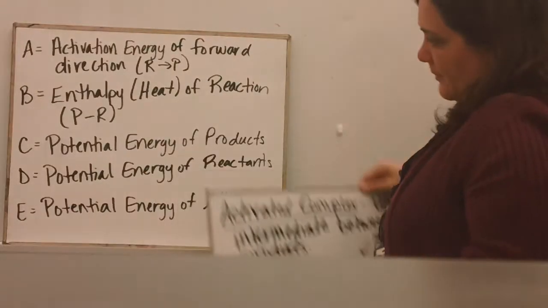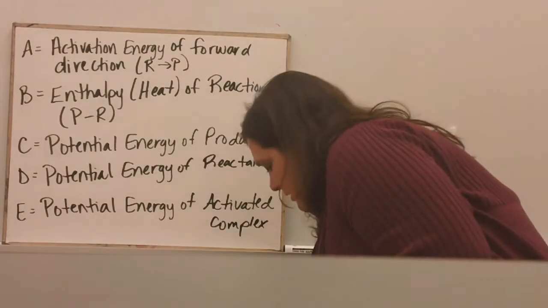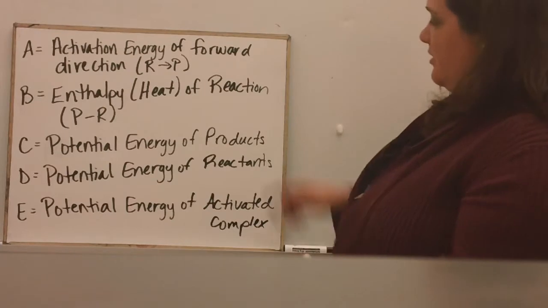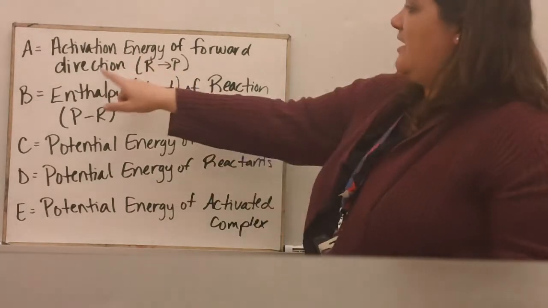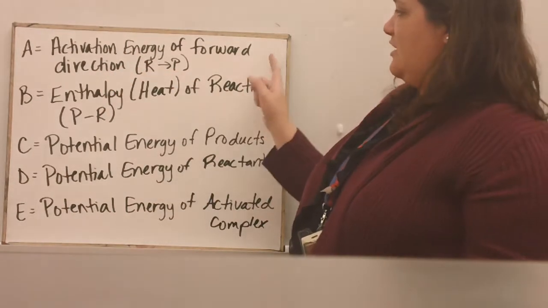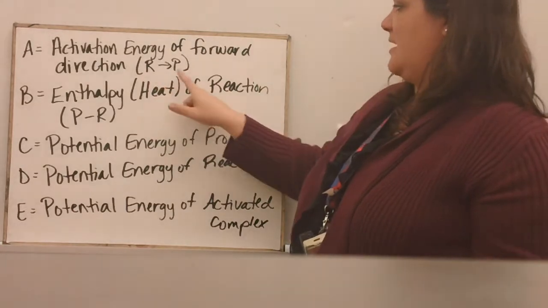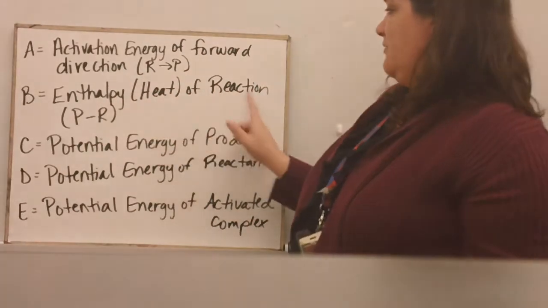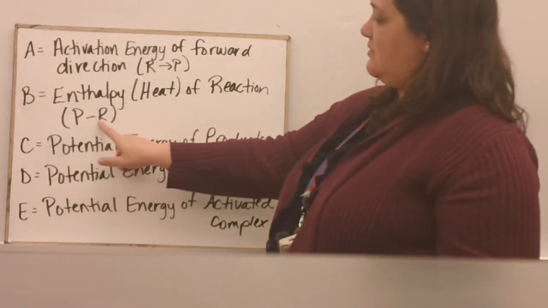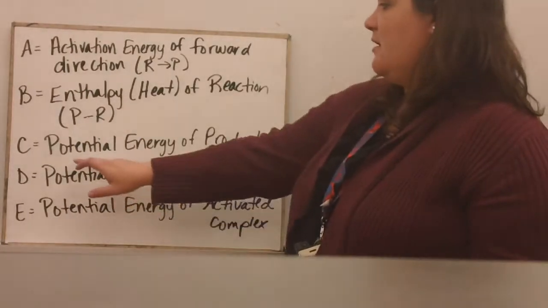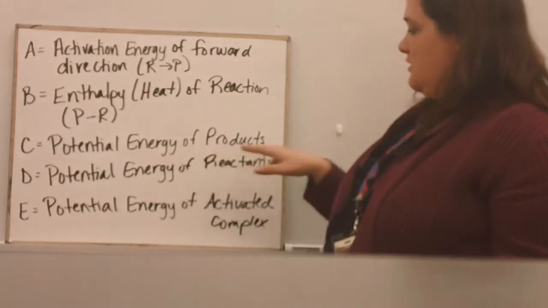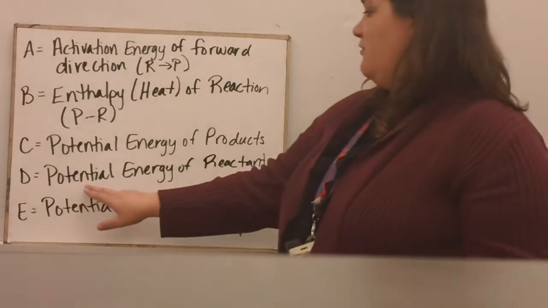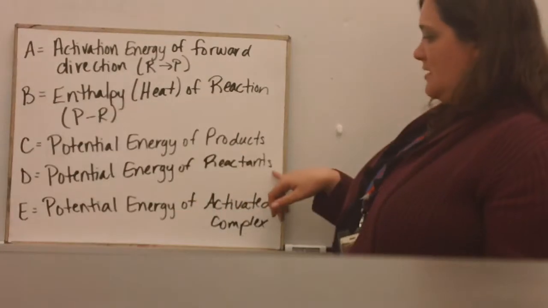Alright, so to sum up the different letters on the potential energy diagram, you'll want to write these down. Interval A, again, was the activation energy, the forward direction, reactants to products. Interval B was the enthalpy or heat of reaction, and that is products minus reactants. Interval C was the potential energy of the products. Interval D was the potential energy of the reactants.